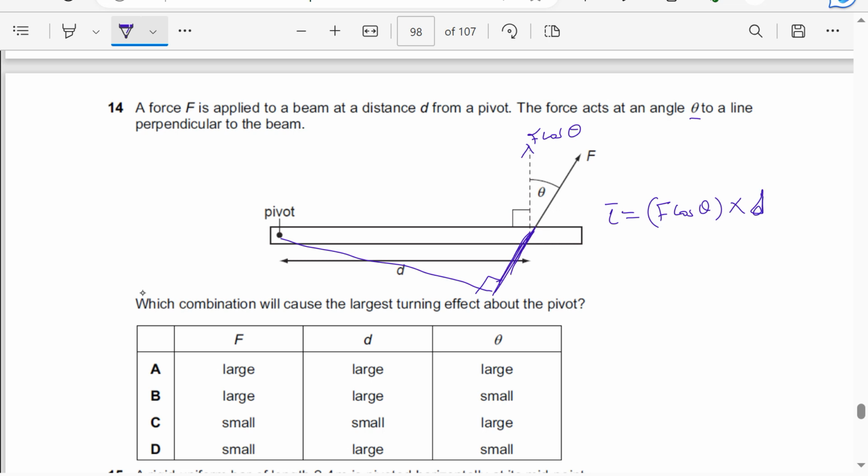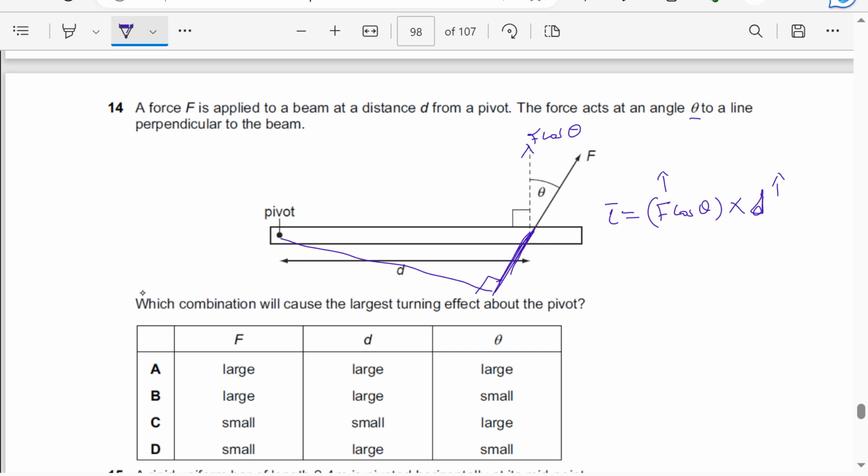So which combination will cause the largest turning effect about the pivot? So number one: F is large, and D is large, and theta is large.